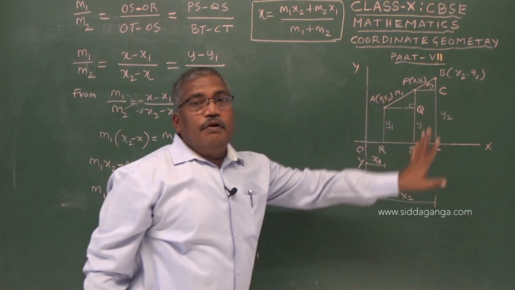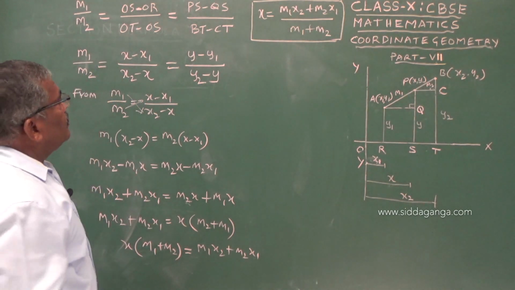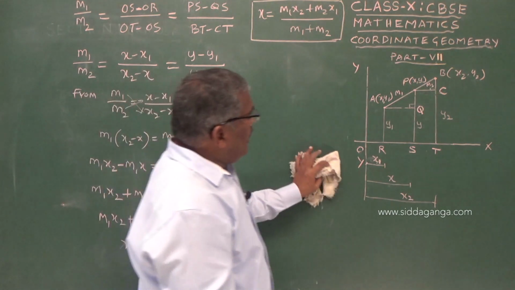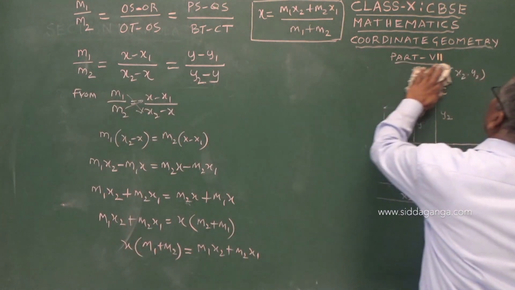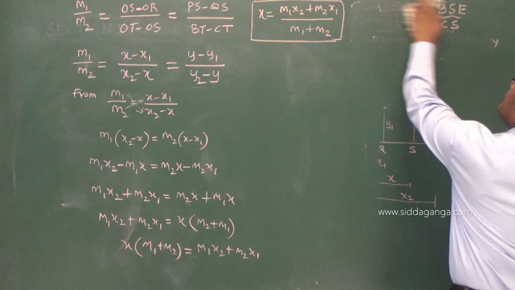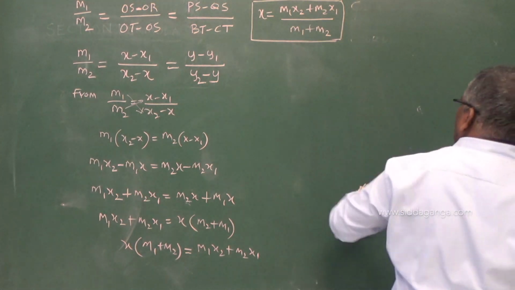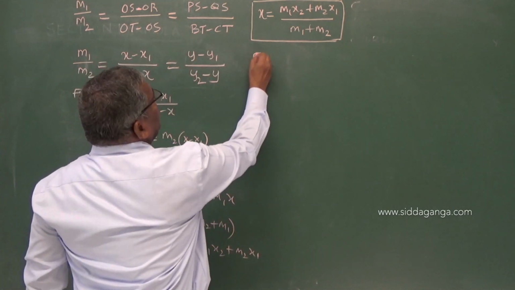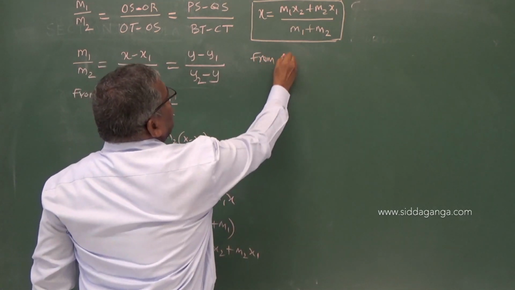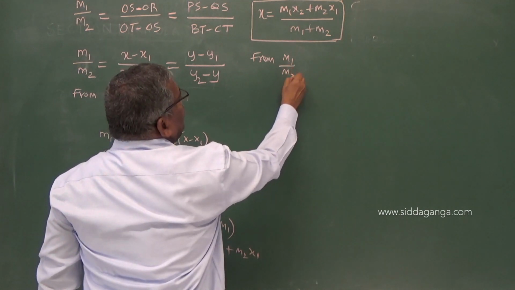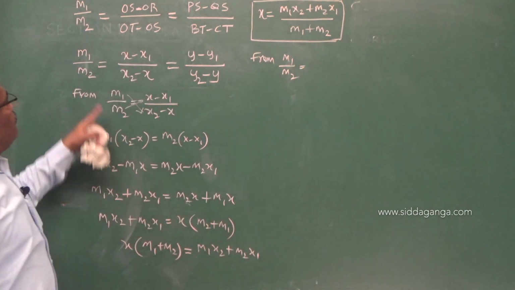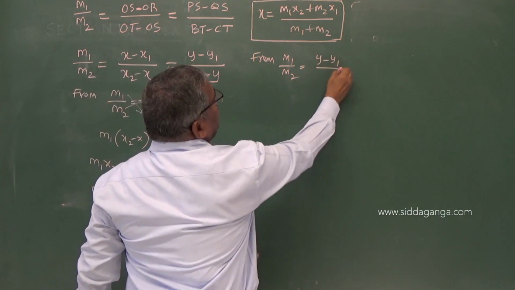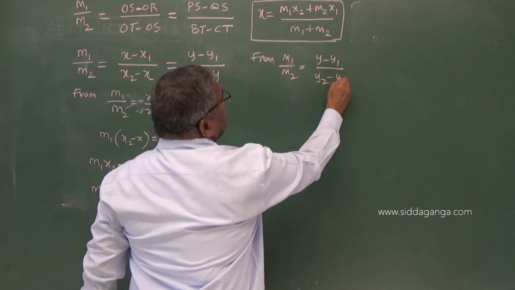So x value we have found out. In P(x, y) we have found the value of x. So now you take the other two. Now I will erase this diagram also. So now from M1 by M2 equals, I will take first and last, (y minus y1) divided by (y2 minus y).